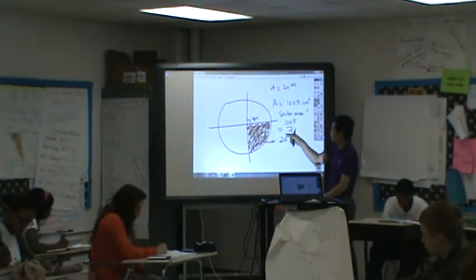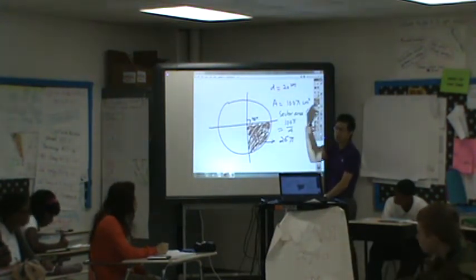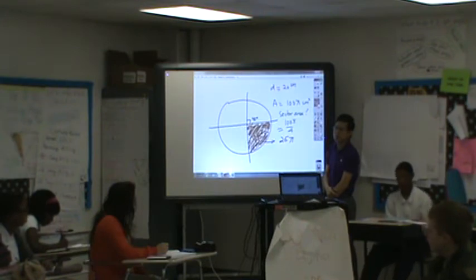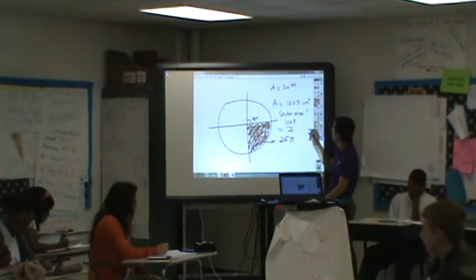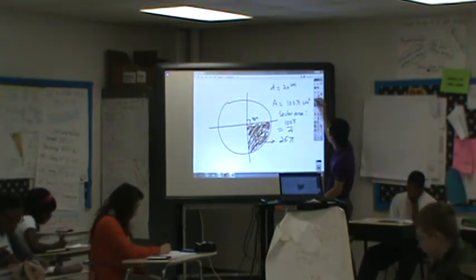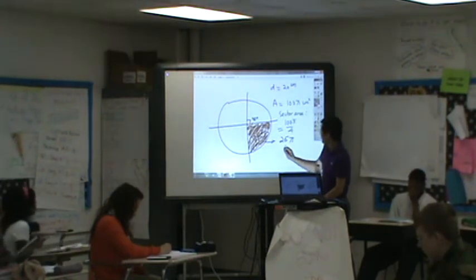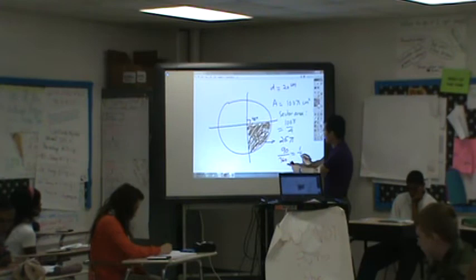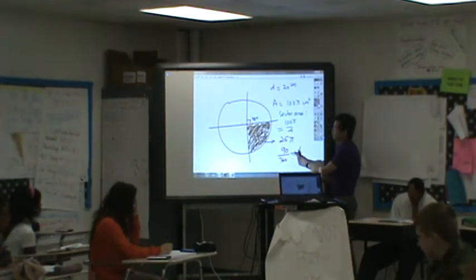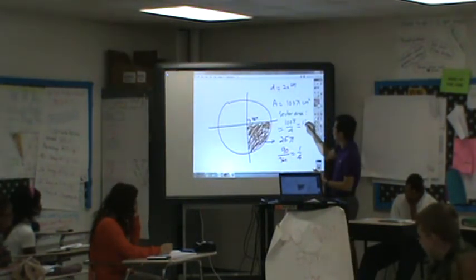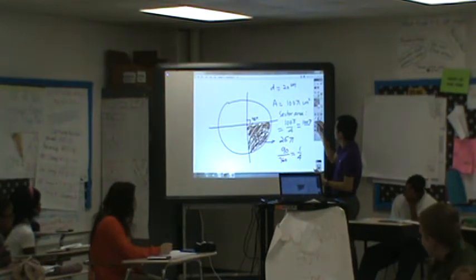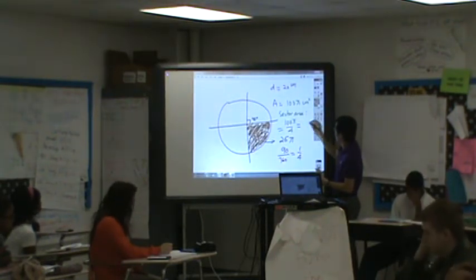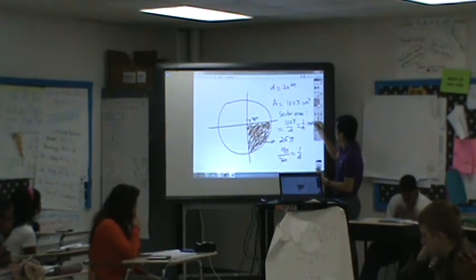And how do you get 4 here? Going back to the figure, how many pieces do you get? So 4 means that 90 divided by 360, this ratio gives you 1/4, right? So you take 100 pi and multiply it by 1/4.